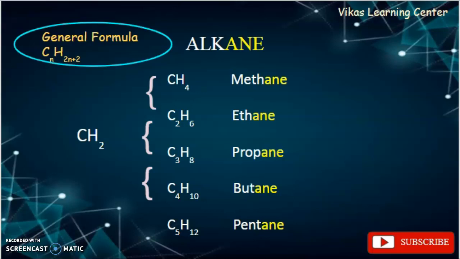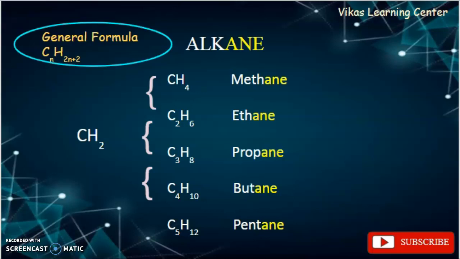But here the question arises, do you notice any difference between the first and the second member of alkane? Well, there is a difference between the first and the second member of alkane. That is the difference of 1 carbon and 2 hydrogen atoms.